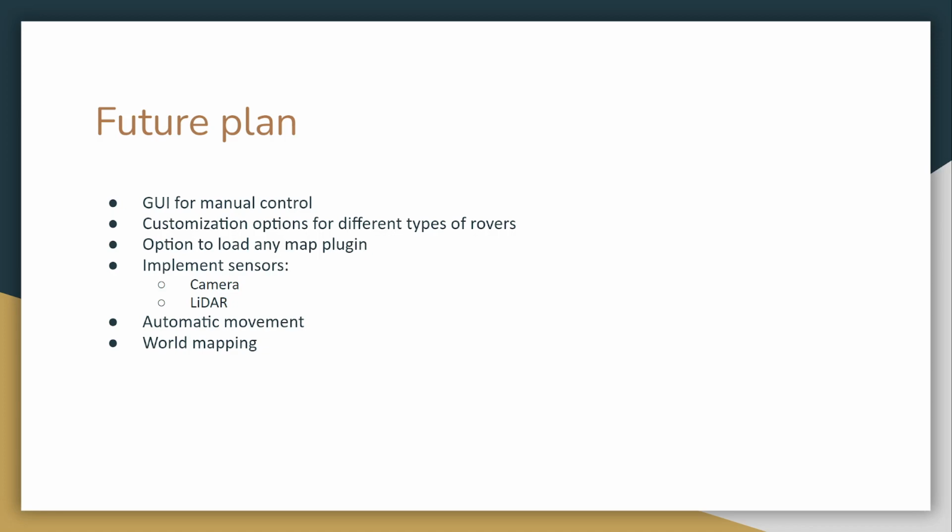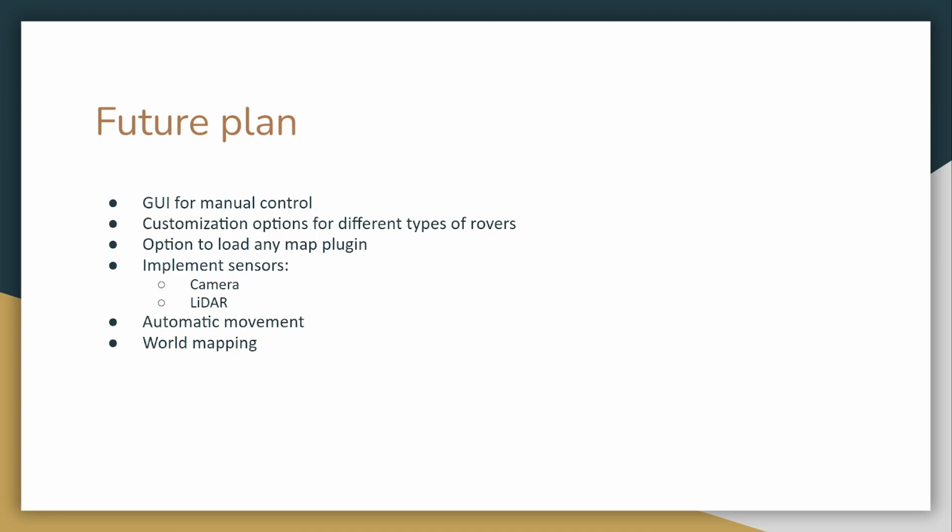We would also like to provide our rovers with different setup options. At the moment, our program runs a two-wheel drive differential system. We could implement other types of rovers, like four-wheel rovers, or a bigger or smaller rover, so that the user can choose from different settings.